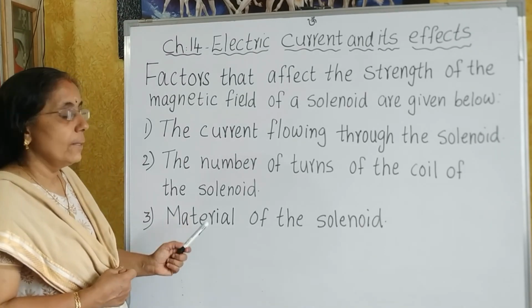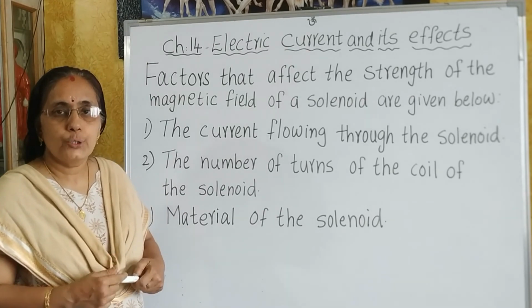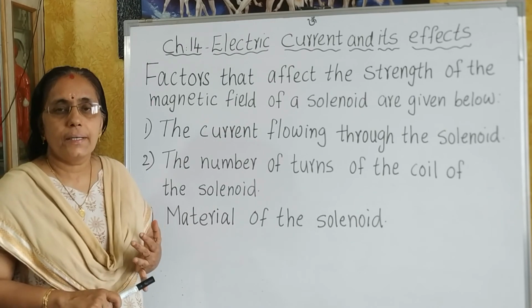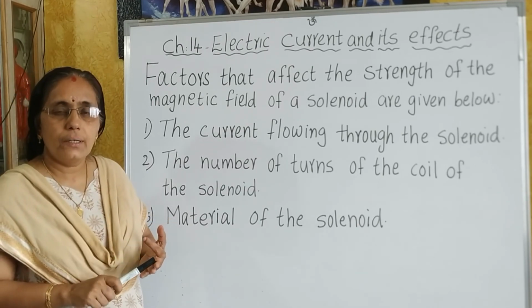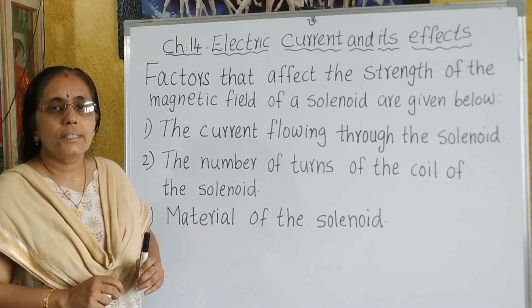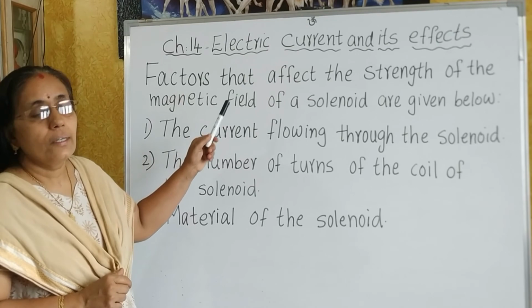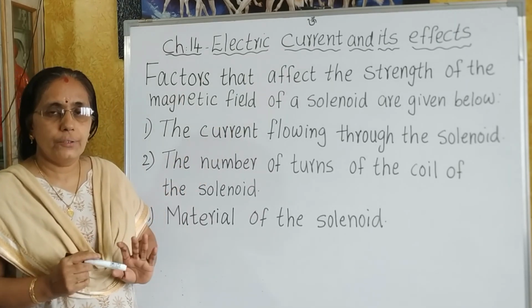And third one is the material used for making the solenoid. So which are the three factors? The strength of the current, the number of turns of the coil, and the material of the solenoid. These are the three factors which affect the strength of the magnetic field produced by a solenoid.